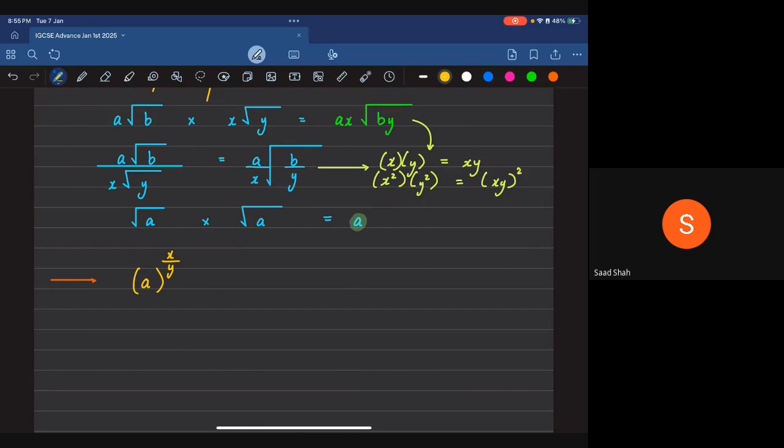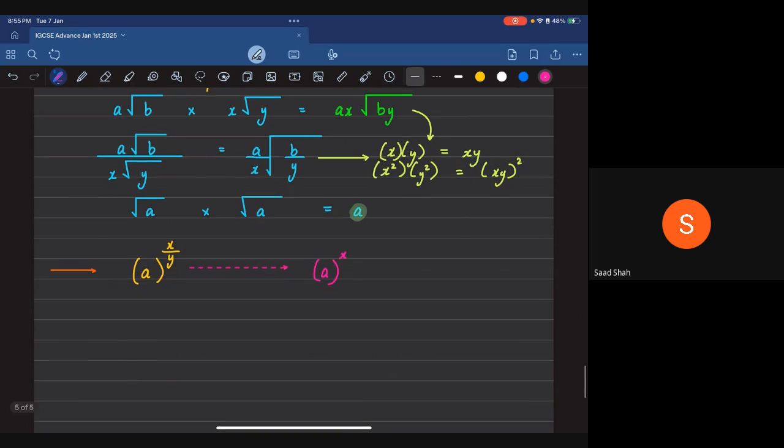So now there are two possibilities of what can happen. First up is technically what is happening. First off, you have a raised to the power x.